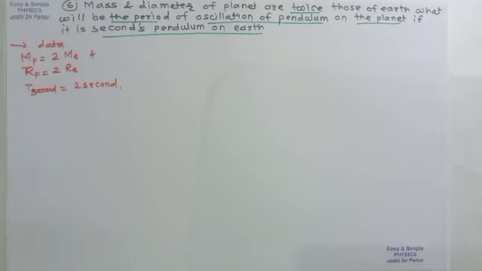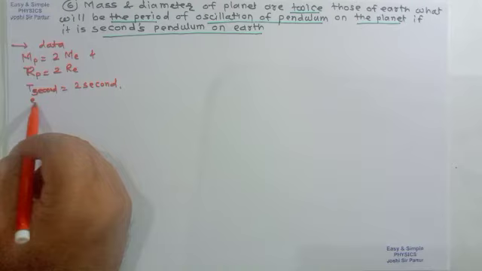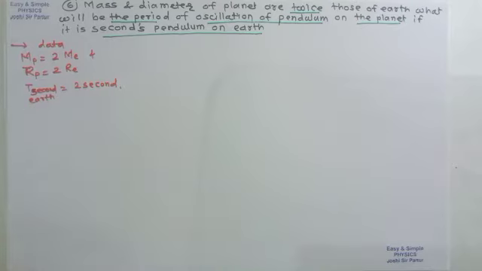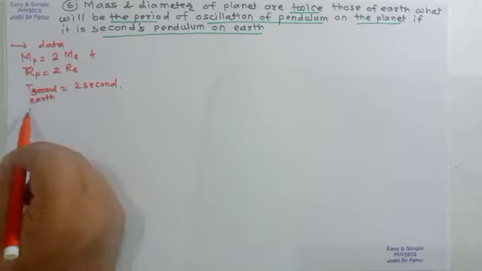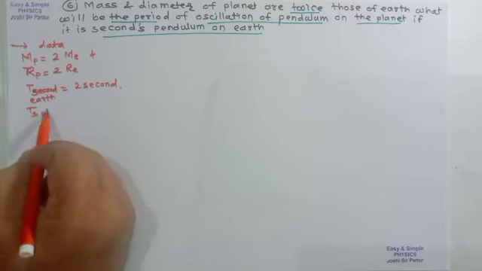So time period is given as 2 seconds for Earth, and we can find out time period for planet.